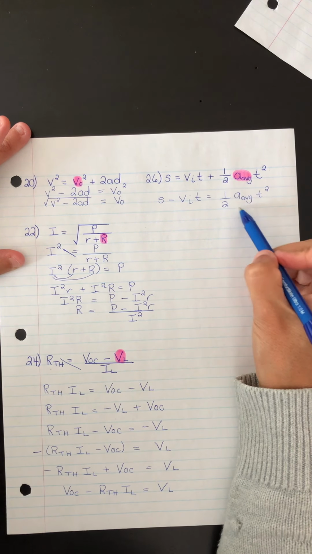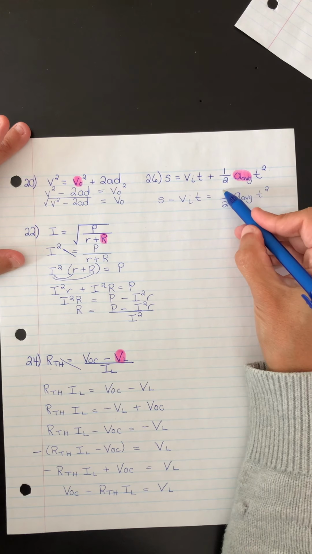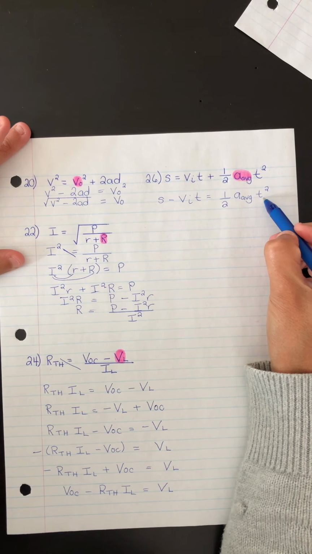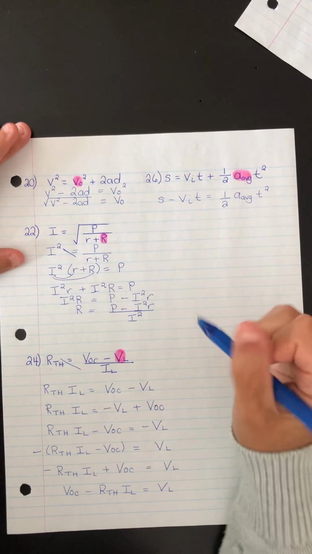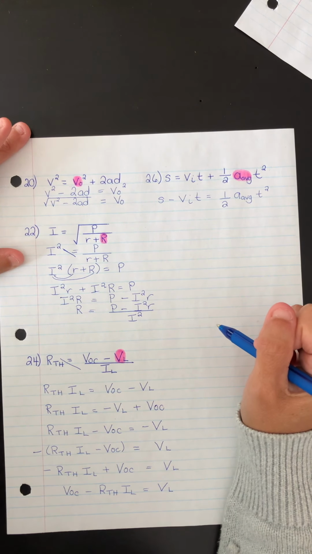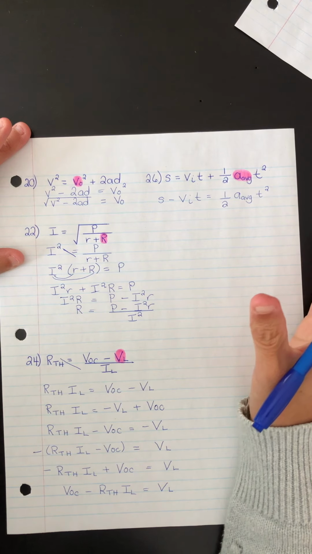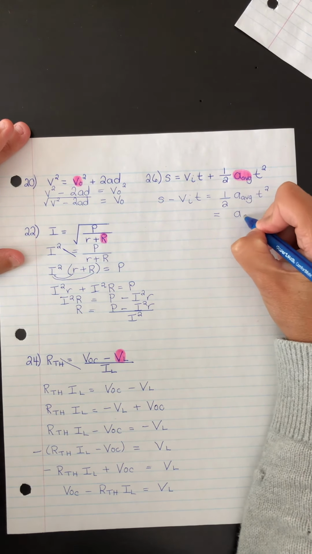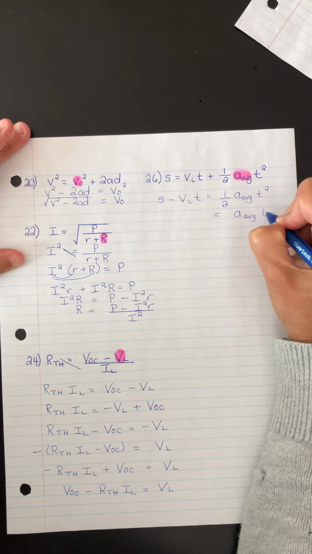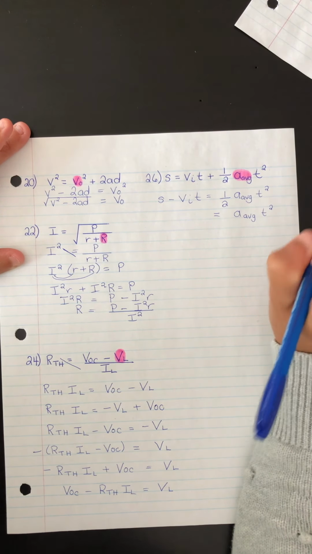Now, to get it by itself, we have two things to eliminate. A factor of a half and the multiplication by t squared. Let's eliminate the factor of 1/2 first. This is done by doubling both sides. So that will leave us with a average times t squared on the right.